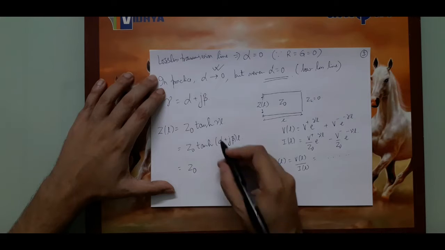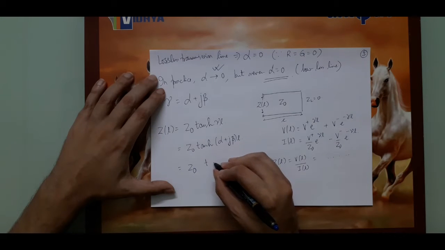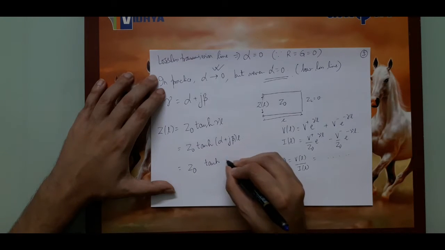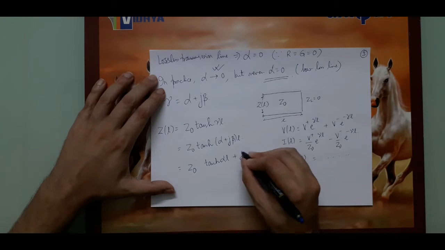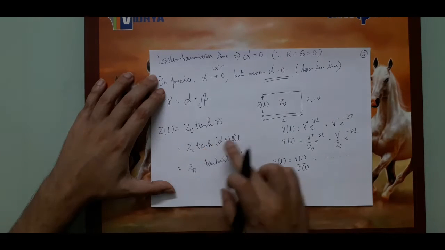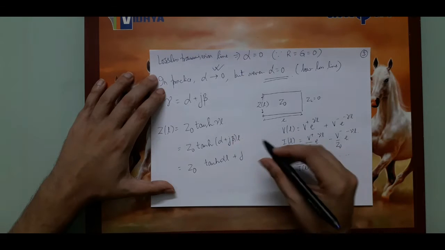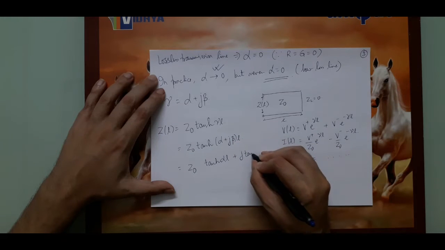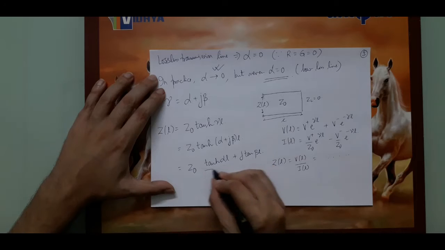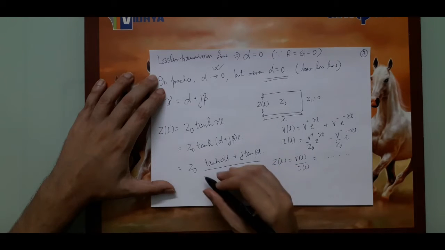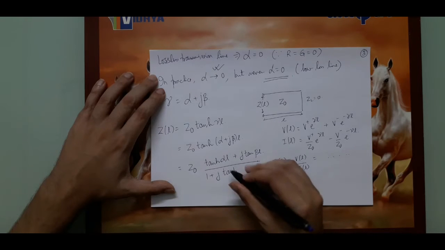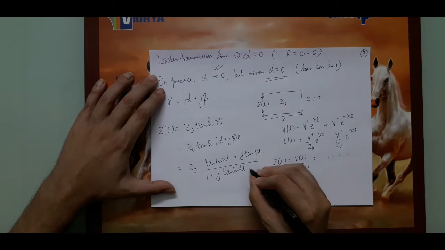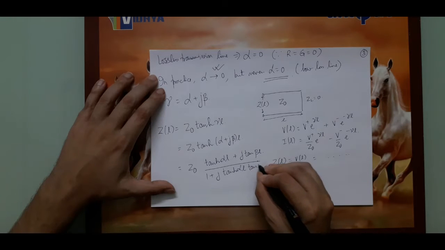Z0 will be common, and then I will have on the numerator tanh alpha L plus j, which will come outside because tanh of j beta L is nothing but j tan beta L, divided by 1 plus j tanh alpha L times tan beta L.